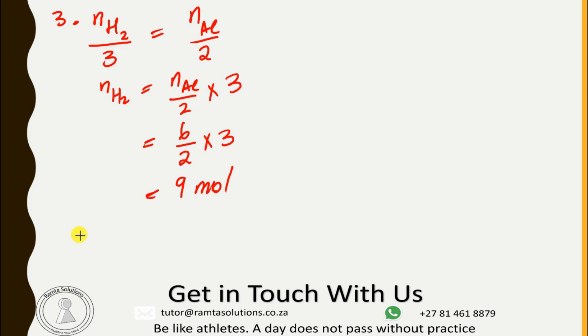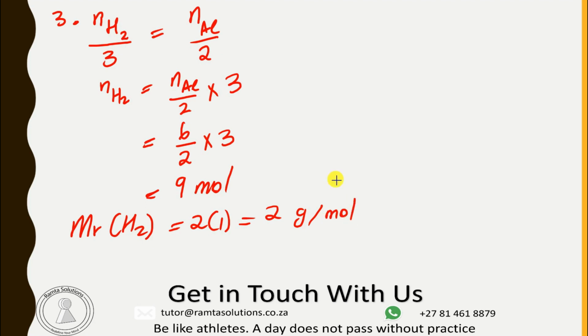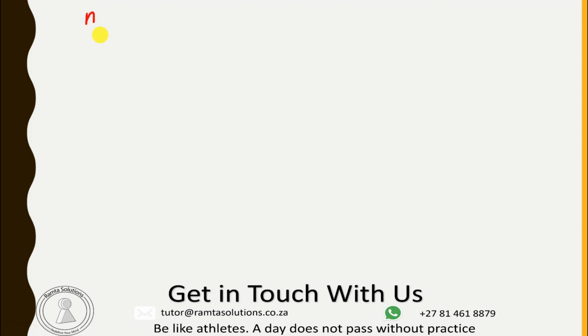This is 9 moles. Now, Mr of hydrogen gas, you add 2 times 1, which is 2 grams per mole. Perfect. Now, to find the mass of hydrogen gas, we will say this H2 over Mr of H2.